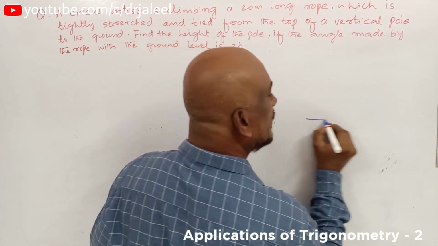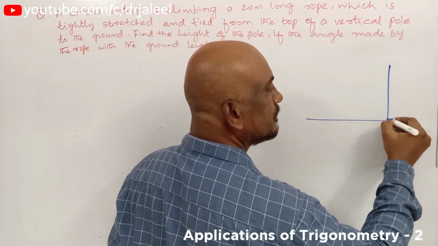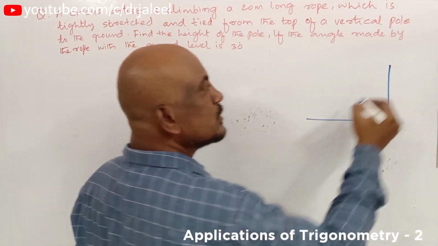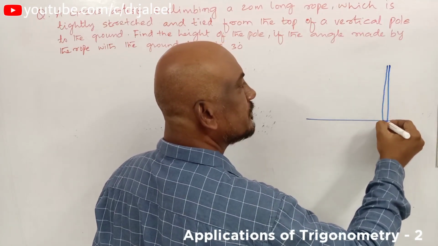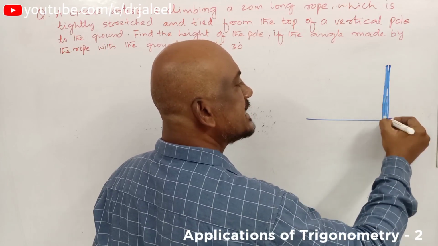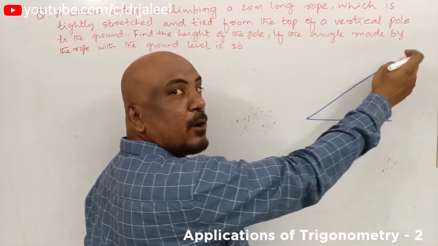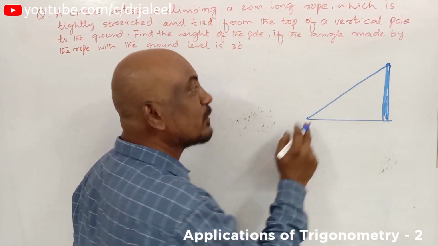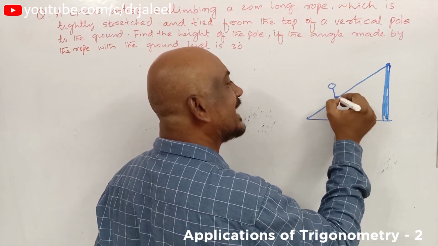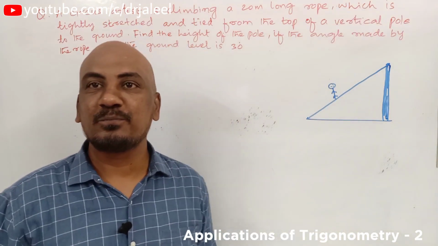So here, if I take this as the ground, let us take this as a pole. Right, beta? So this we can consider to be the pole, and now there is a rope which is tied from the top of the pole to the ground, and our circus hero, the artist, is climbing this rope.